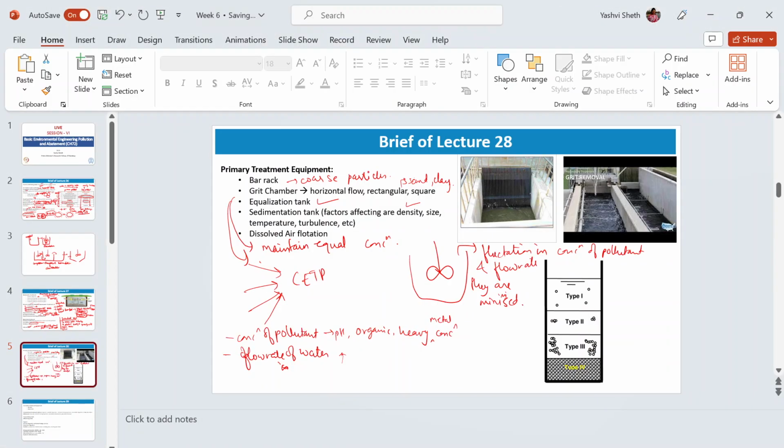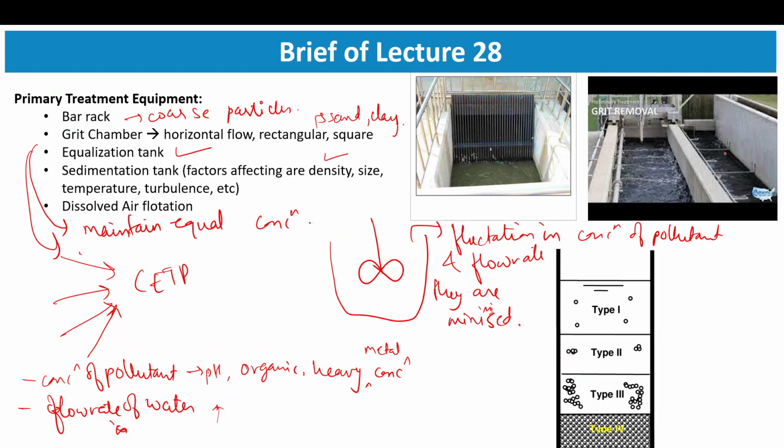Yeah, thank you. So if the particles are very few, then without interacting with each other, they tend to settle under gravity based on the settling force they are experiencing. So there is no interaction. Now type 2 is somewhat higher concentration, but in this case also you can say this is free settling.